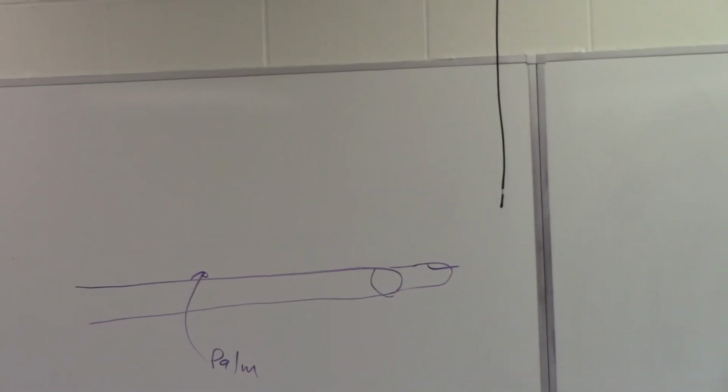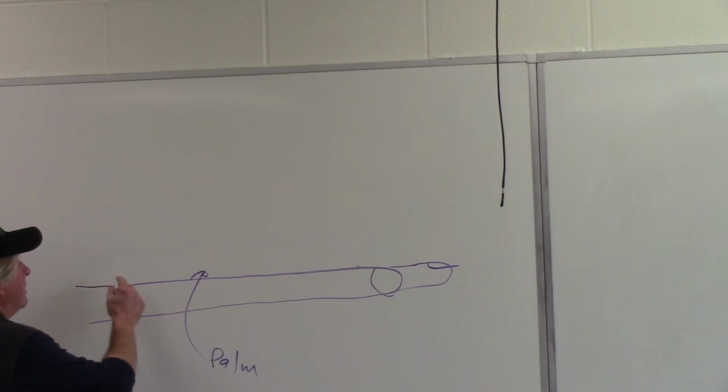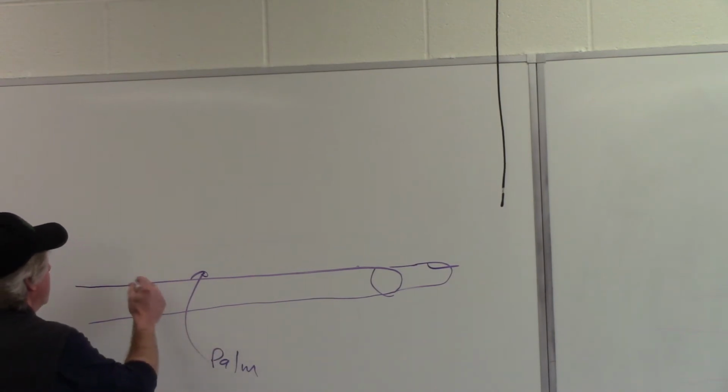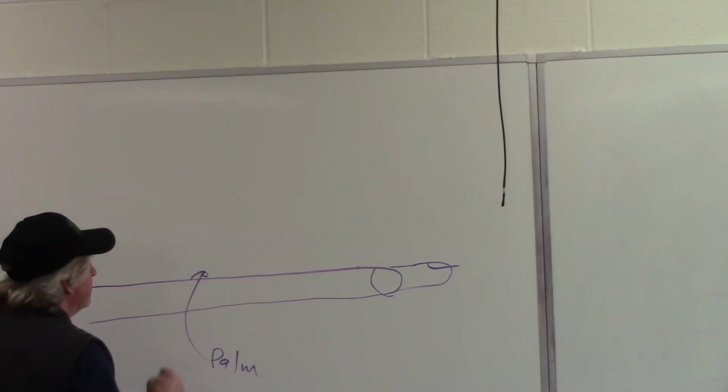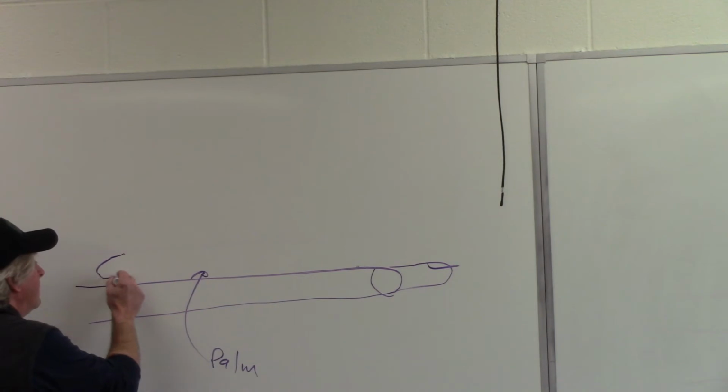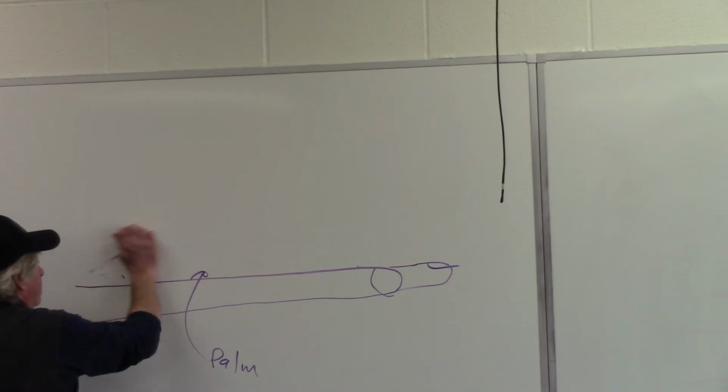Your hands, especially the palms of your hands and other parts of your body, but let's just talk about your hands. On the palms of your hands, there are sebaceous glands, and those sebaceous glands secrete oils.